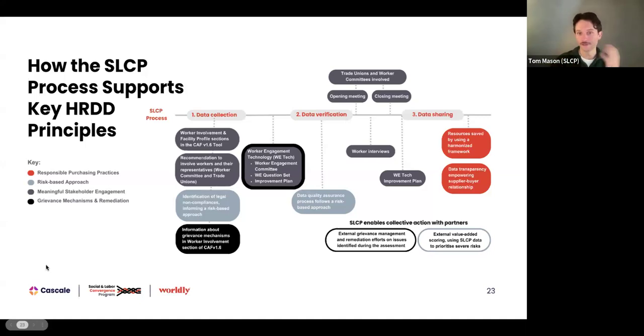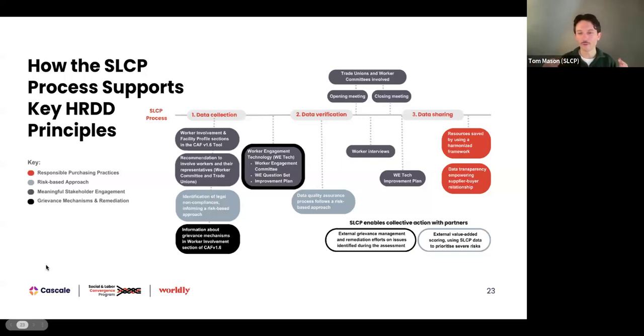So what we've done here, as I've mentioned, is the reduction of audit fatigue and the ability to have data that's owned by the facility, which empowers buyer-supplier relationships and is critical to improving responsible purchasing practices. This audit harmonization, or duplication, moreover, is creating an added burden on manufacturers that we need to shift away from.